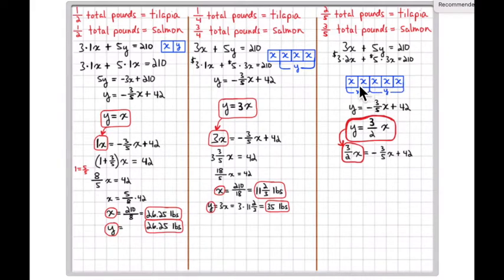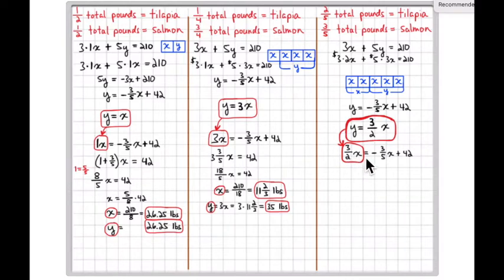So for every 2 units that you move along the x-axis, you increase along the y-axis 3 units. So that ratio is 3 to 2. So y is equal to 3 halves x, that ratio of 3 to 2. So now you can replace y with 3 halves x. So here's y right down here, and we replaced it with 3 halves x.